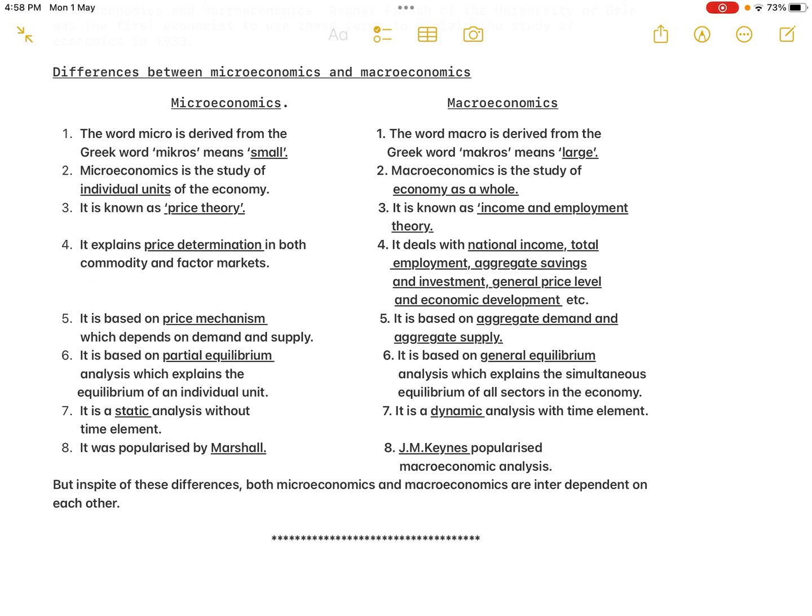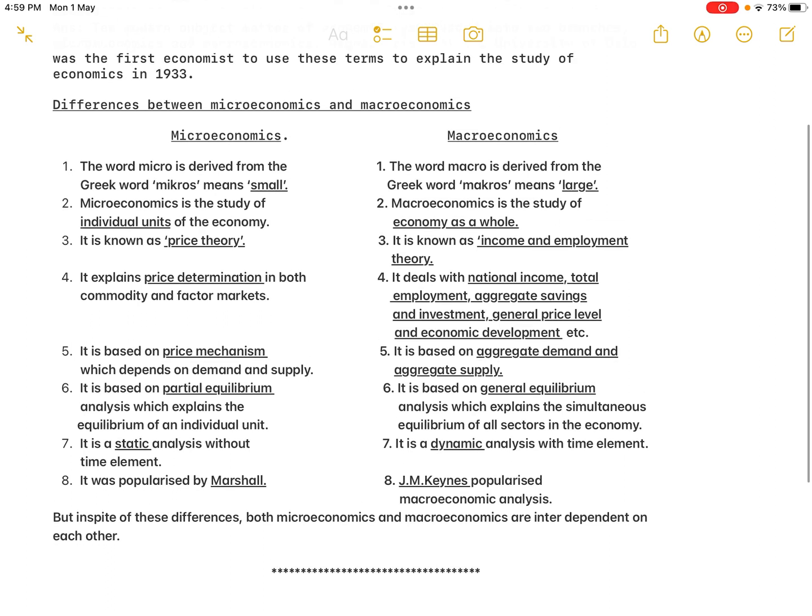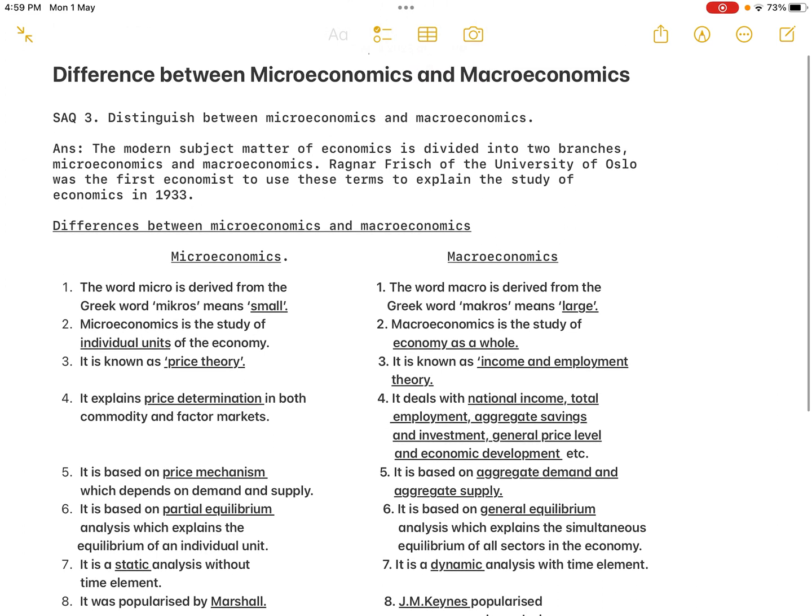Suddenly one person cannot say the price for tomatoes is 70 rupees, when the other vegetable vendors are all selling at 10 rupees or 20 rupees per kg. So what is the market rate? When you say market rate, that is macroeconomics. The individual person also determines the price based on the market rate, even though it depends upon individual demand and supply. So in this way, microeconomics also depends on macroeconomics, but still there are differences between micro and macroeconomics. Okay, this is also one of the important 5 marks questions from the board exam point of view.